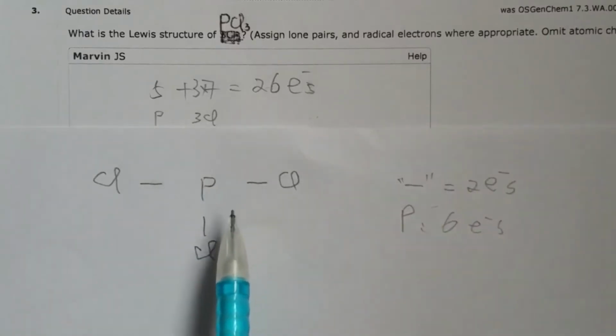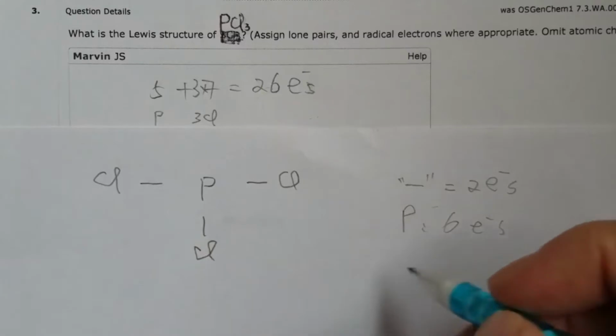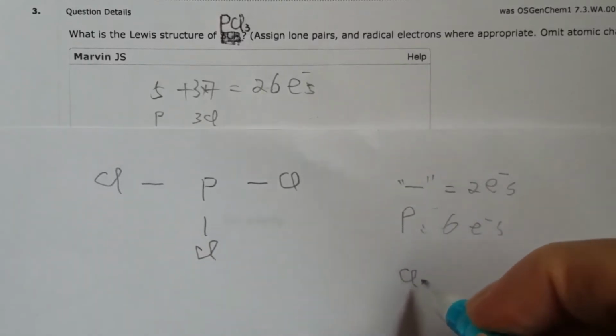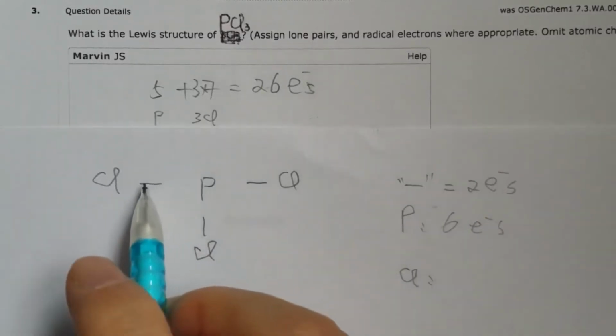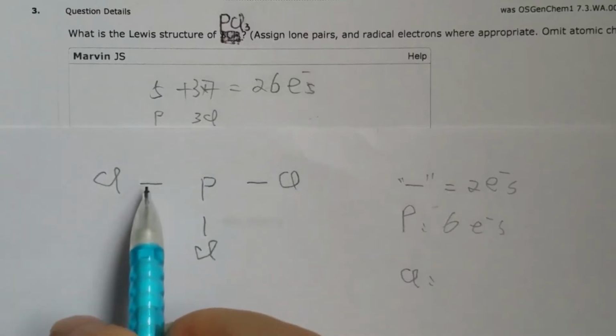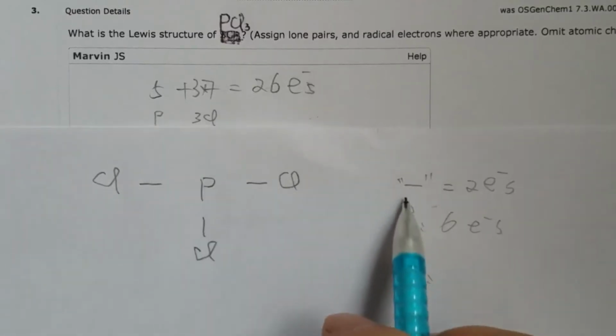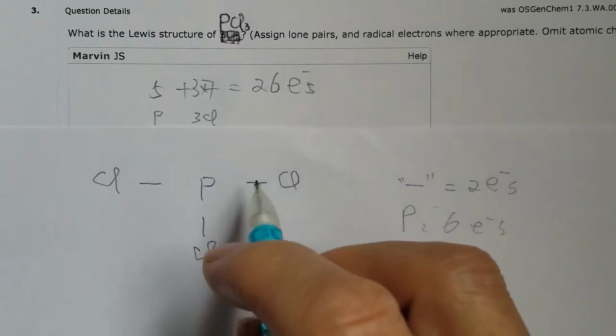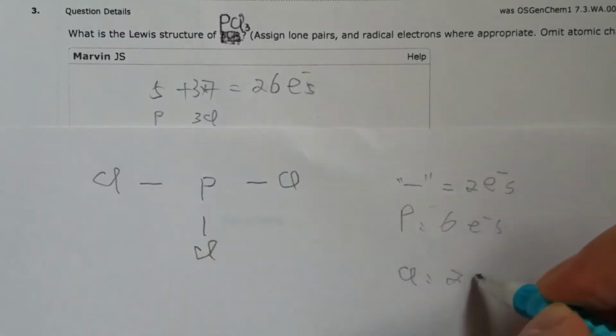And for each chlorine, how many electrons? Only 2. For this one, 1 bond, 2 electrons, and for the other 2, the same way.